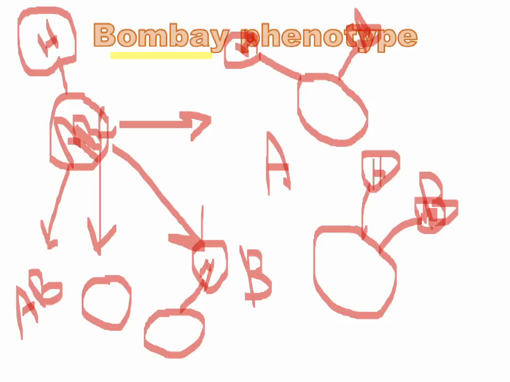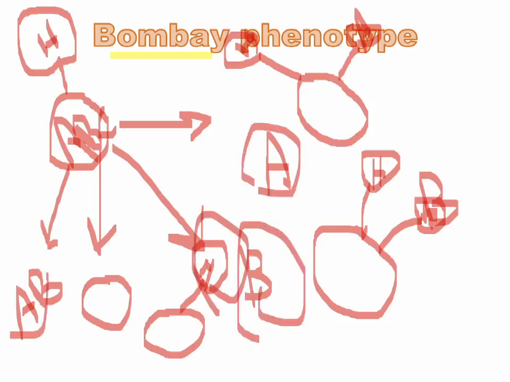So here in the four blood types, A, B, O, and AB, it's a must that you find the H antigen, which is the precursor of the A or the B antigen. For the Bombay phenotype, there is no H antigen. You don't have the H antigen, and this is a rare case.